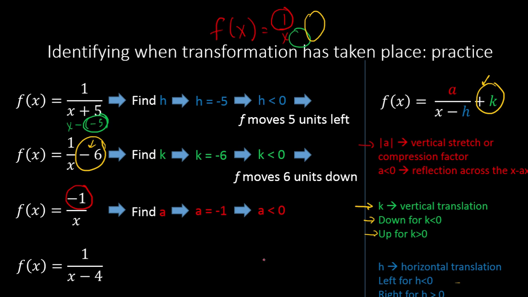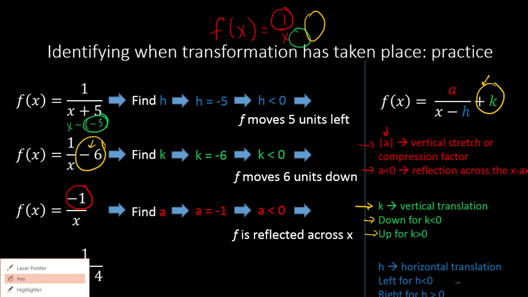Because the absolute value of negative 1 is 1, I'm not actually vertically stretching or compressing, because if you vertically stretch or compress by a factor of 1, you just end up with what you started with. However, notice that because a is less than 0, I'm going to reflect across the x-axis. So the only thing that's happening here is that the function is being reflected across x.